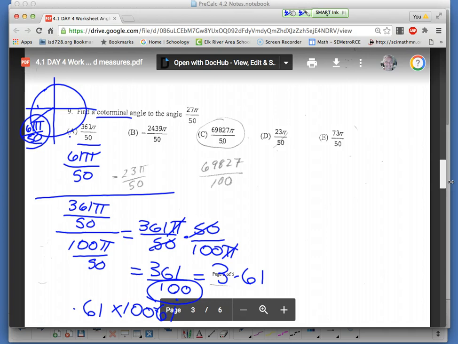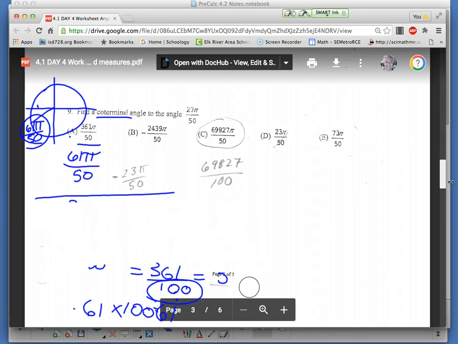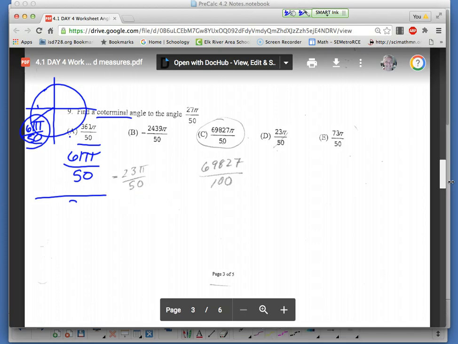Okay, now, that's my A and my B. When I'm looking at B, I'm just going to take my negative 2439 and divide it by 100 because I just went through the work to show you why in the world I may be able to drop everything else out.